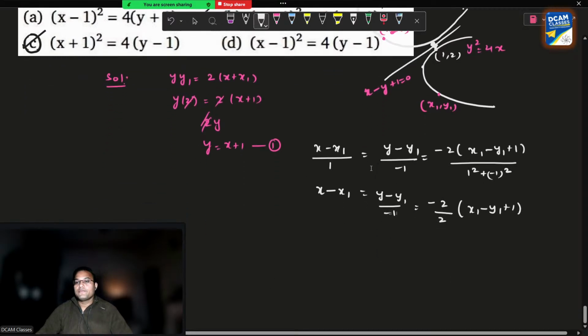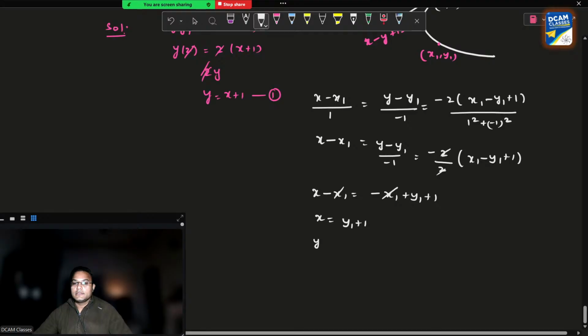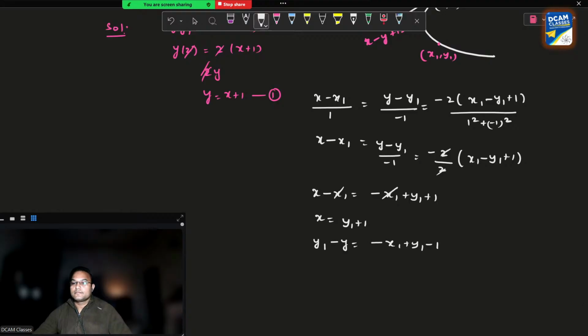If we solve it, we get x minus x1 is equal to minus x1 plus y1 minus 1. The value of x you are getting is y1 plus 1. The value of y will be x1 plus 1.